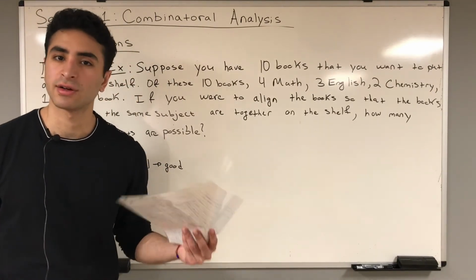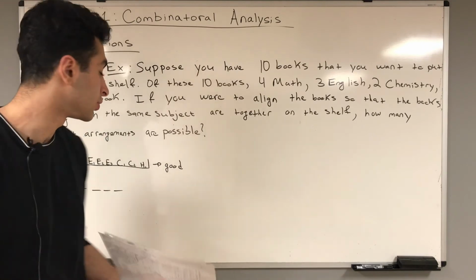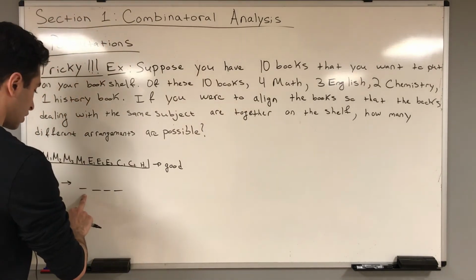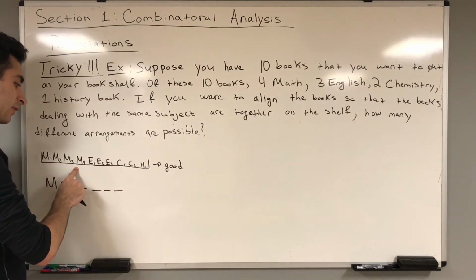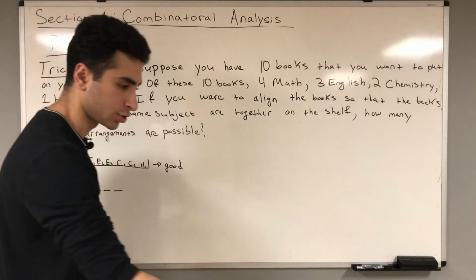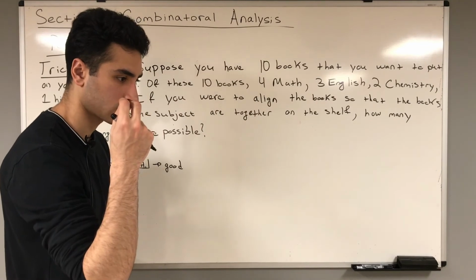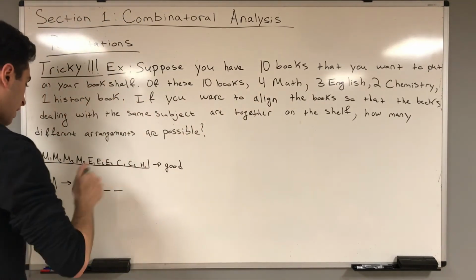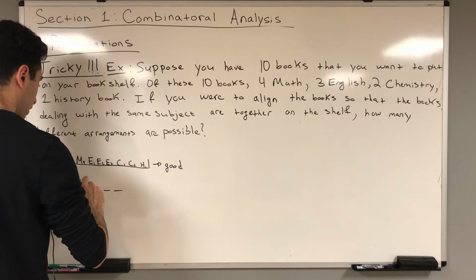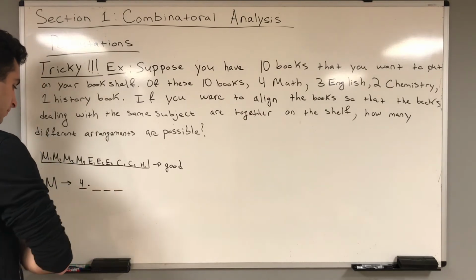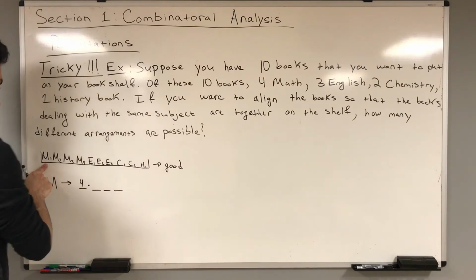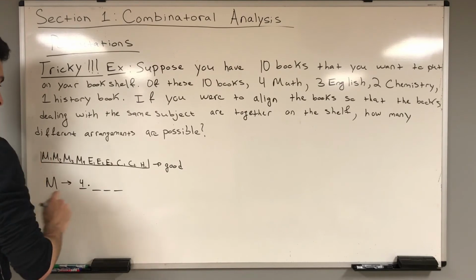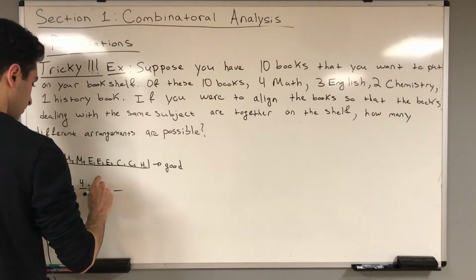Oh, this just boils down to the same problem we've been doing. So, in my first place, I could choose any of the 4 math books I want, right? So experiment 1 has 4 outcomes. Once I've chosen 1 math book to be in the first place, I only have 3 math books left to choose from for my second experiment.